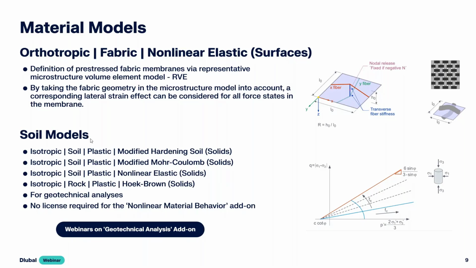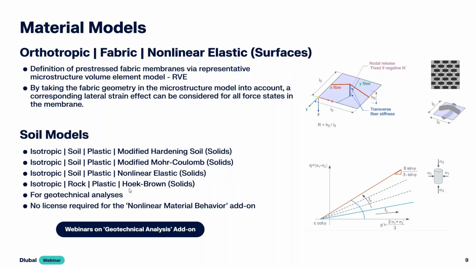Then the soil models, where there are different isotropic soil plastic models, the modified hardening soil, modified Mohr-Coulomb, and the nonlinear elastic, and one for the isotropic rock plastic, the Hoek-Brown model. Yeah, and it's for geotechnical analysis.